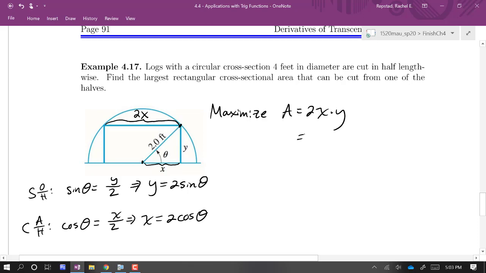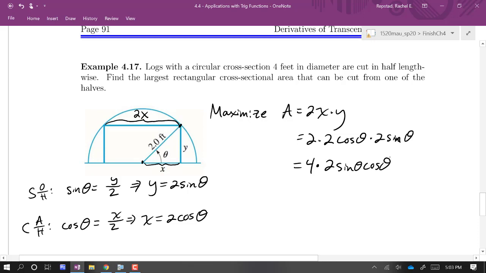So now I'm going to replace x and y in the equation up here for area with these expressions that we found. So 2 times 2 cosine theta times 2 sine theta. I could write that as 8 times cosine times sine, but I'm going to write it as 4 times 2 sine theta cosine theta.